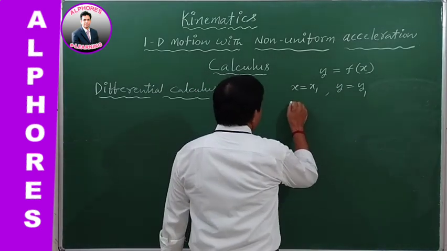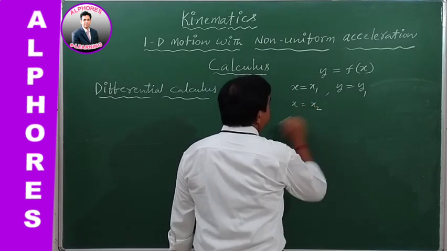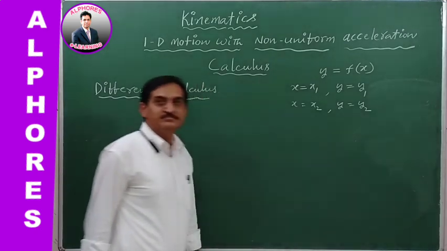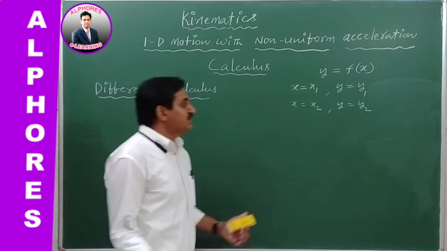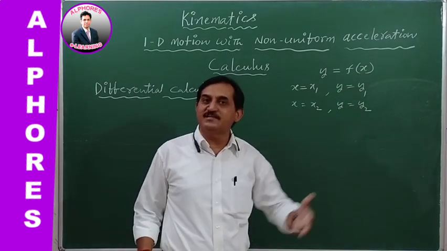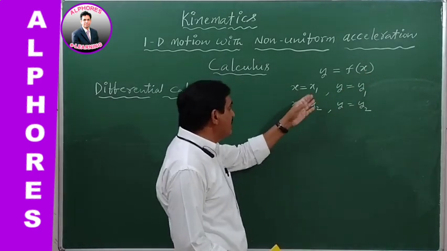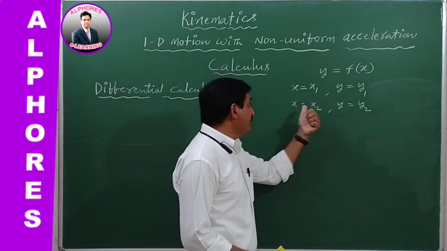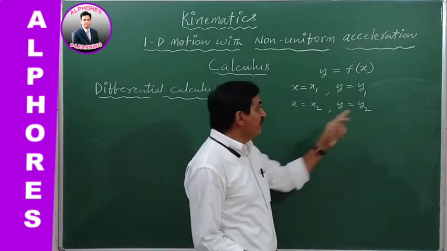Put x equal to x2, then corresponding y is equal to y2. So the same function we already discussed: as x changes, corresponding y will also change. For the value of x1, corresponding y is y1, and for the value of x2, corresponding y is y2.